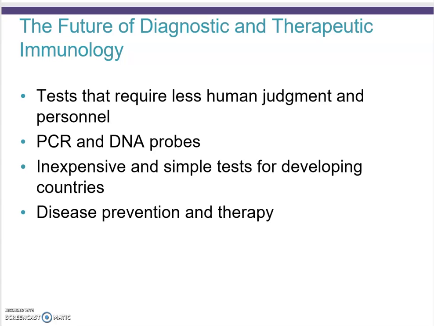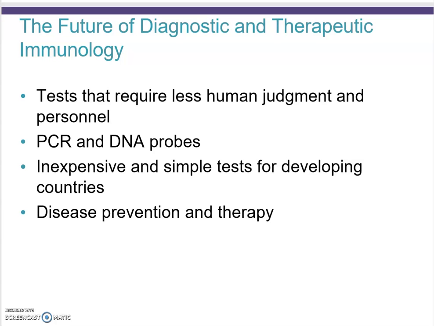Now, ELISA tests have proven very useful, and they're widely used for diagnosing certain conditions. And here's a slide about the future of diagnostic and therapeutic immunology, and there's a bright future ahead. Immunology and our knowledge of the immune system has proven very useful in many diagnostic and therapeutic approaches.